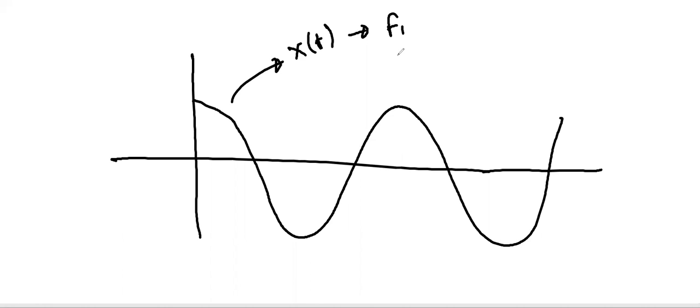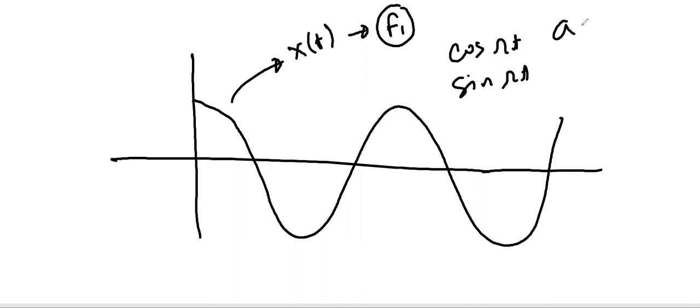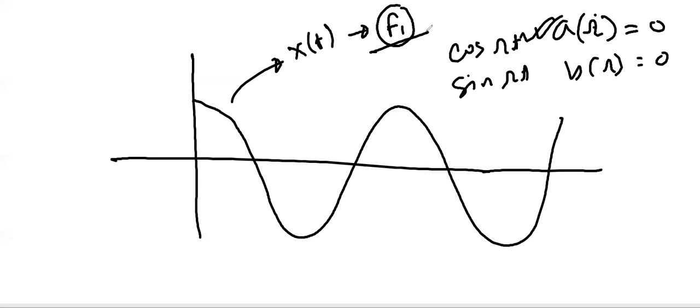If you try any other frequency rather than f1, whether this is cos omega t or sine omega t, for any value other than f1, in all the cases, a(omega) should be equal to 0 and b(omega) should be 0. This is true for all values of omega, and it is not true only for f1.